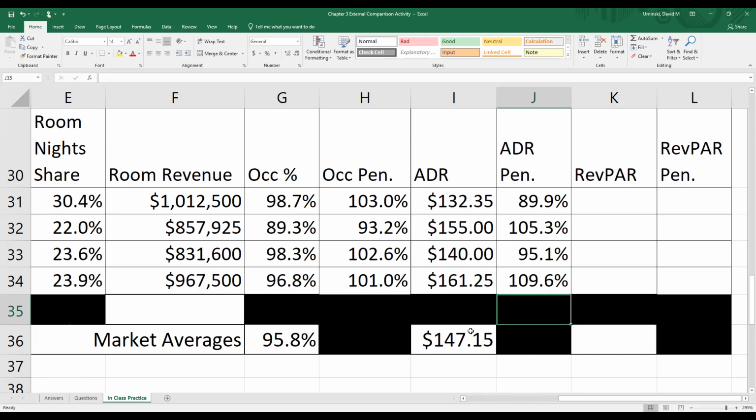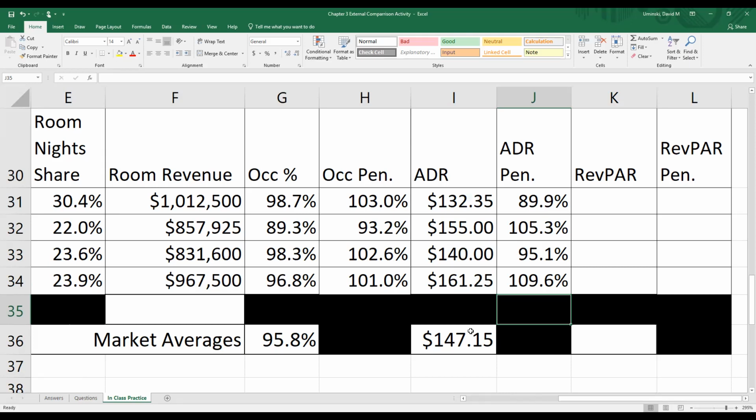Because it also puts all of our hotels on a level playing field. Right now, we're looking at Hotel A and Hotel D as which one performed the best, right? Well, Hotel A has 250 rooms and Hotel D only has 200 rooms. They're automatically at a disadvantage because they have 50 fewer rooms to sell, right?